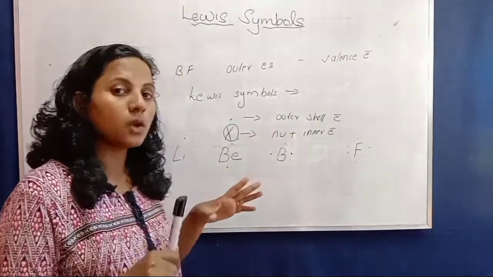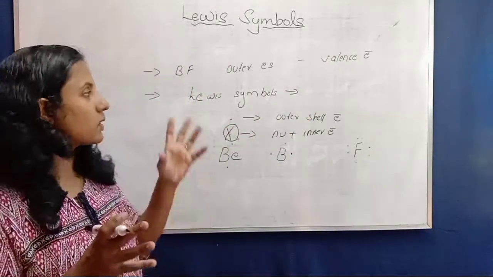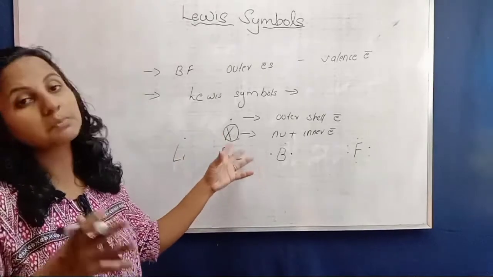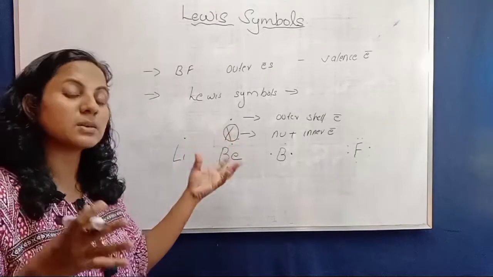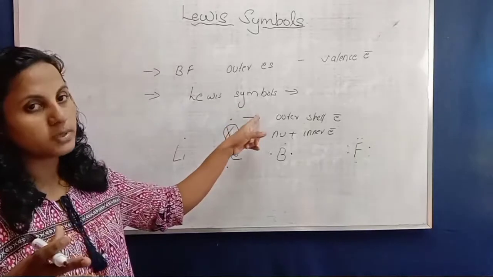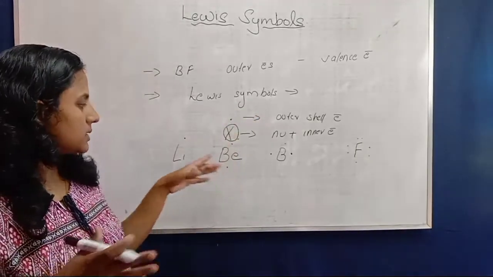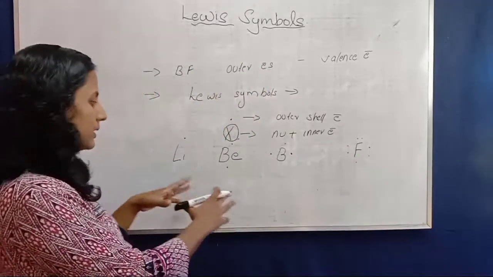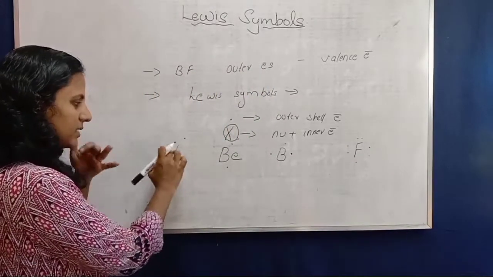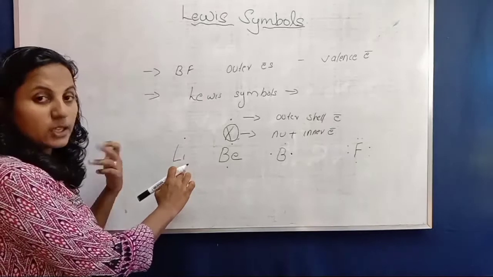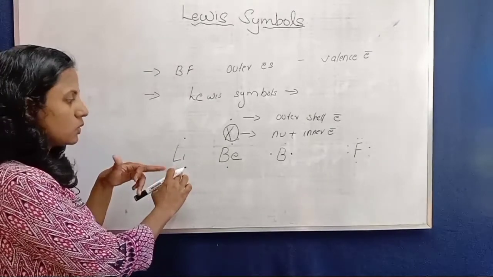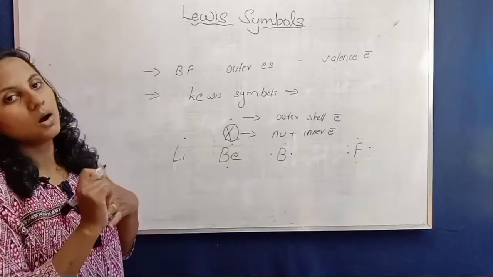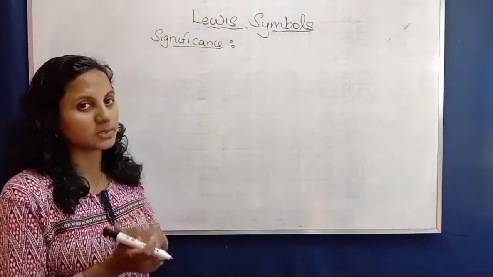He also gave symbol notations for representing the nucleus plus its electrons, and such notations are called Lewis symbols. In a Lewis symbol, one symbol indicates the nucleus plus the inner electrons, and the dots indicate the outer electrons. That is the significance of the Lewis symbol.